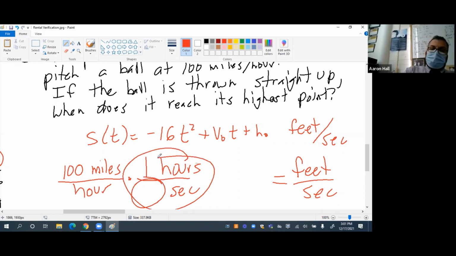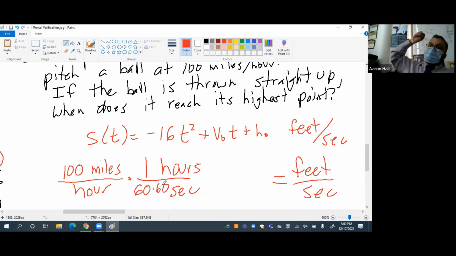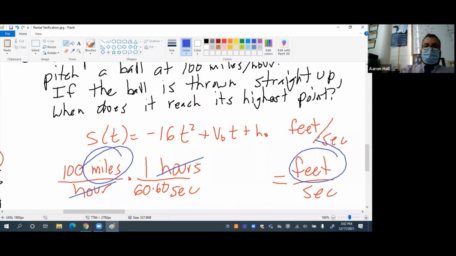So we have 1 here. It's 60 times 60, because there's 60 minutes in an hour and 60 seconds in a minute, right? Does that make sense why it would be 60 times 60? Okay. So that's going to get rid of our hours. Let's cross hours out. So hours divided by hours is just 1. I need to get rid of miles and get feet in this equation somewhere.